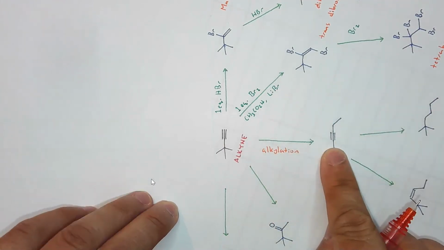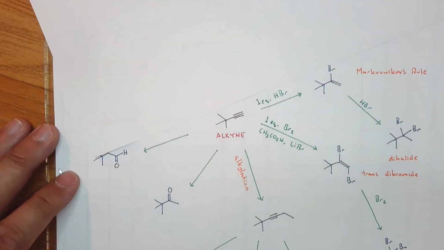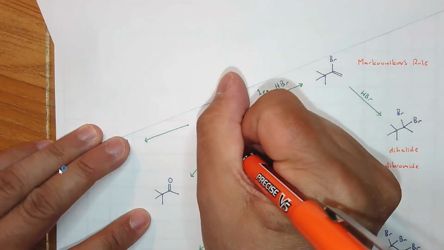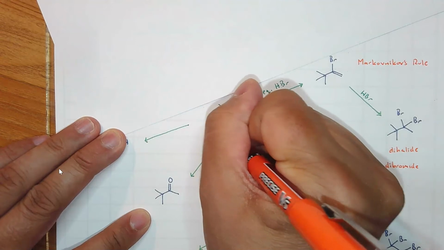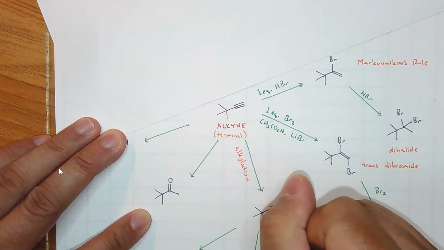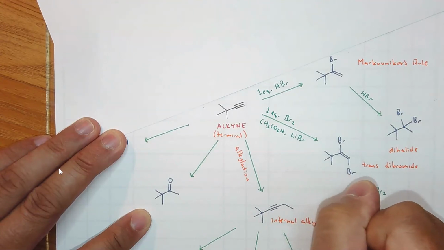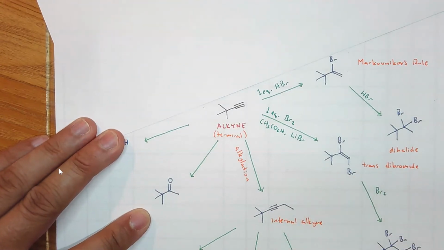And now we have an internal alkyne. Maybe I could write here also, this is a terminal, and this is an internal. Okay. What are the reagents?